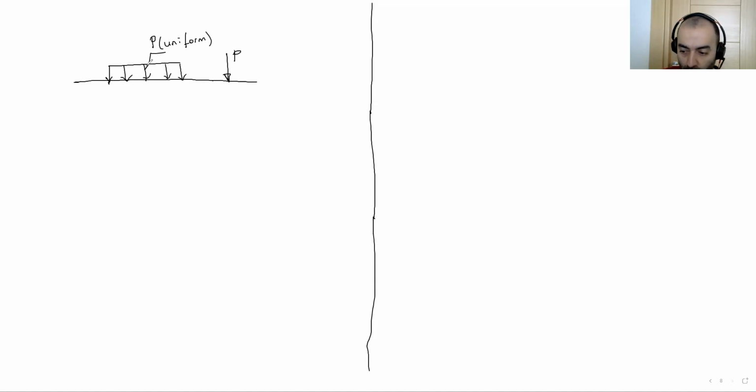If we draw the shear force diagram of this system, we assume that we know the shear force at this point.